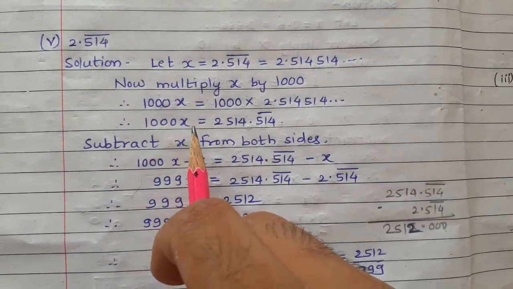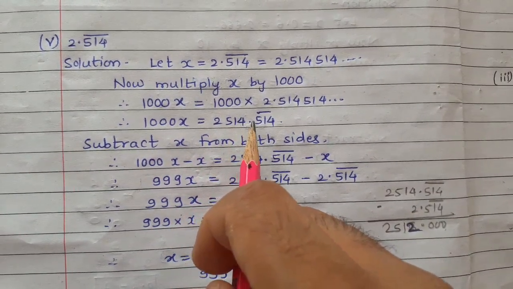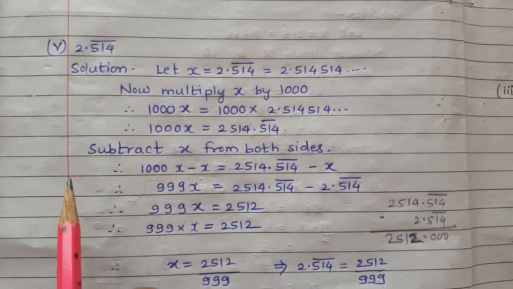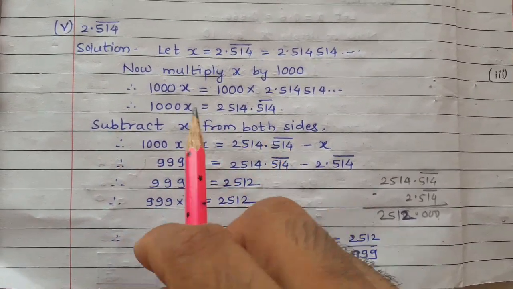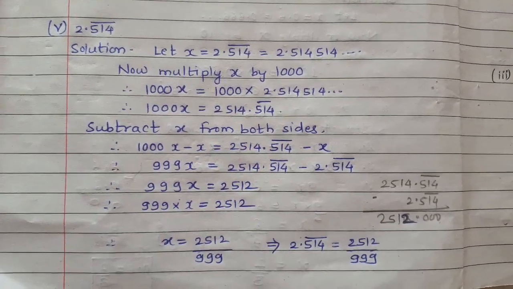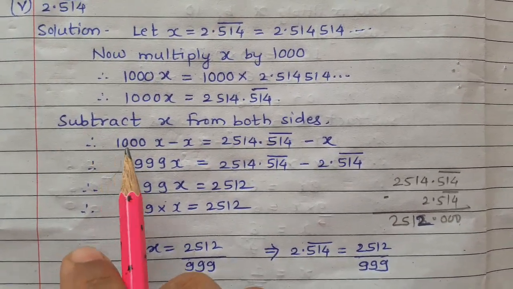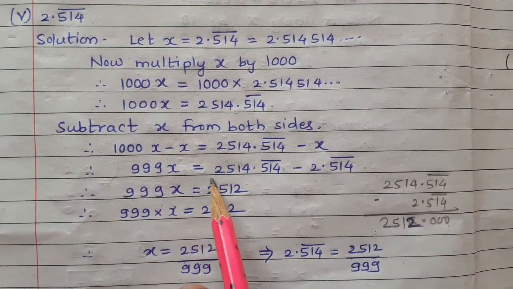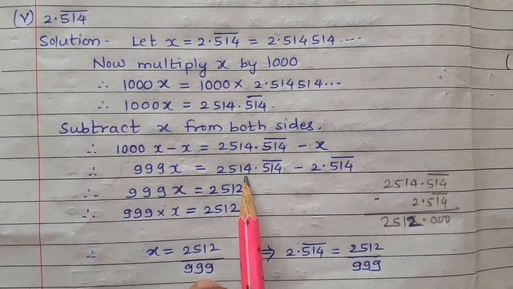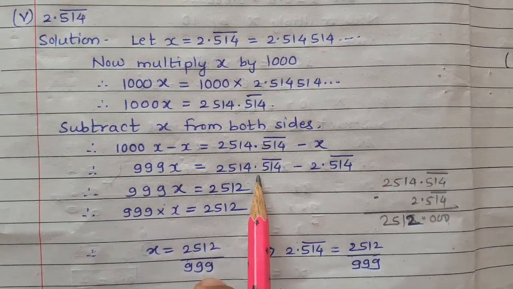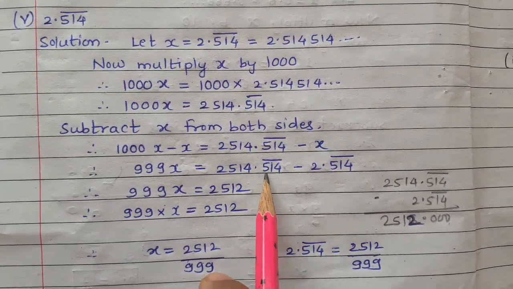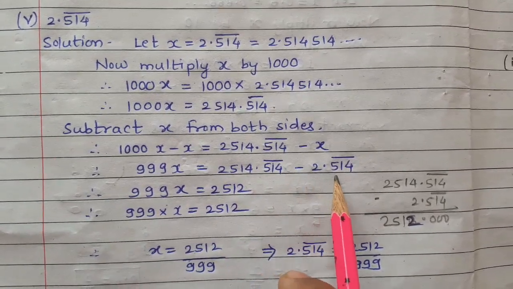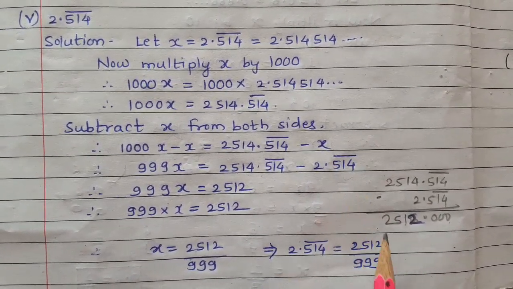Then we have 1000x is equal to 2514.514 bar over 514. Now subtract x from both sides, left side and right side. 1000x minus x is 999x is equal to 2514.514 bar over 514 minus 2.514 bar over 514.